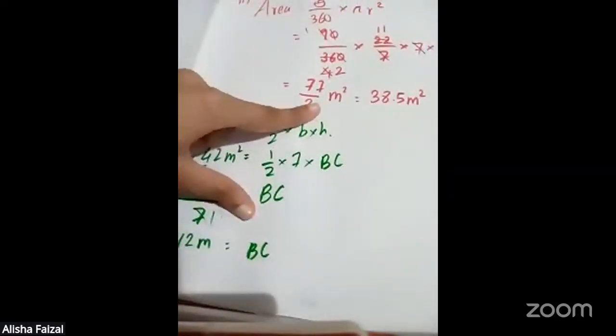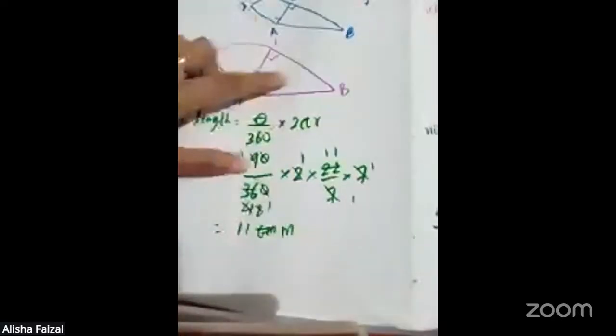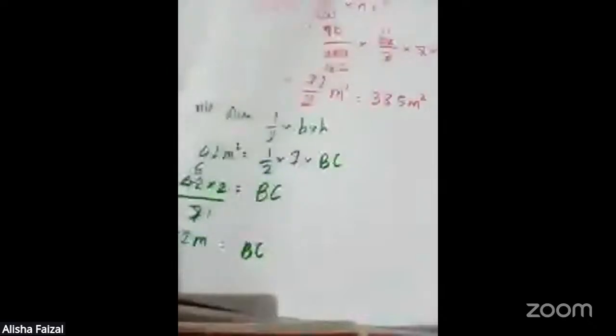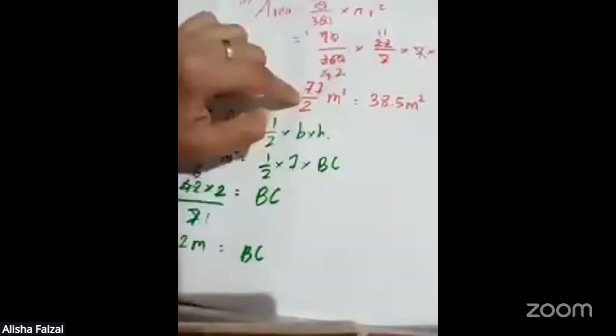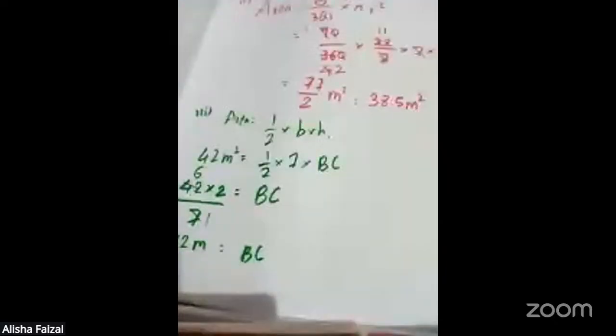Now what the question says is the area of this rectangle that we are going to draw here is 3 times this area. What do you mean by 3 times of this area? How do you write it?